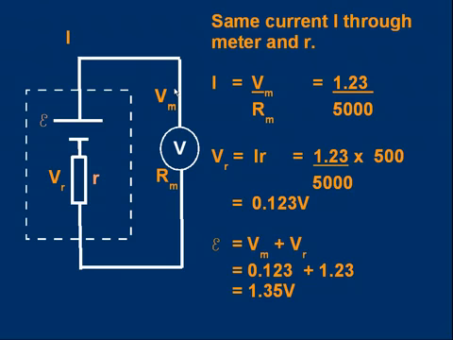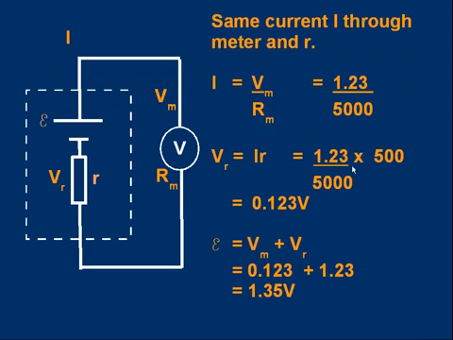The current we can work out because we know the voltage across the voltmeter and its resistance. I is V over R. The voltage across the voltmeter is 1.23 volts, the reading. The resistance is 5,000 ohms. So 1.23 over 5,000 is the current. Can we work out the lost volts? Yes, we can.